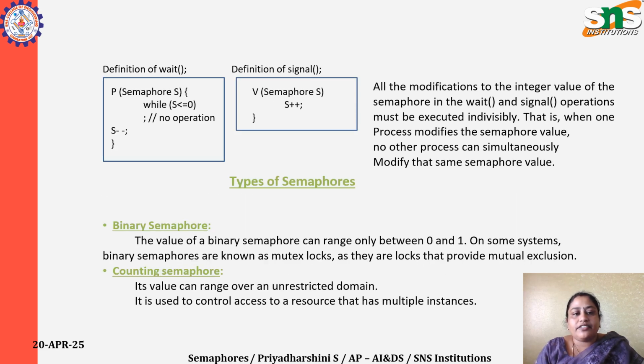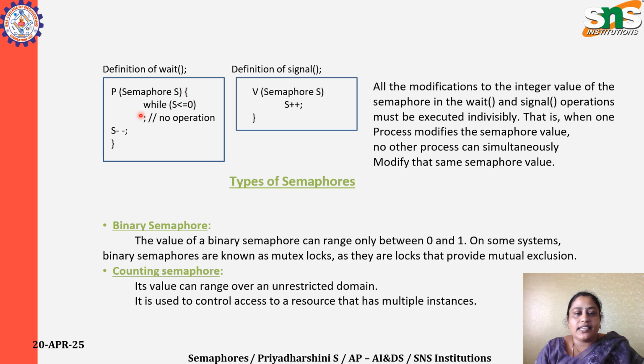So now let's see the definition of wait semaphore and the signal semaphore in detail. So first the initialization condition. As I told you previously, if the semaphore is given as P, it is wait. So wait operation is to test. Wait operation will be executed in the entry section part. So wait of semaphore S. This S is an integer variable which corresponds to the semaphore.